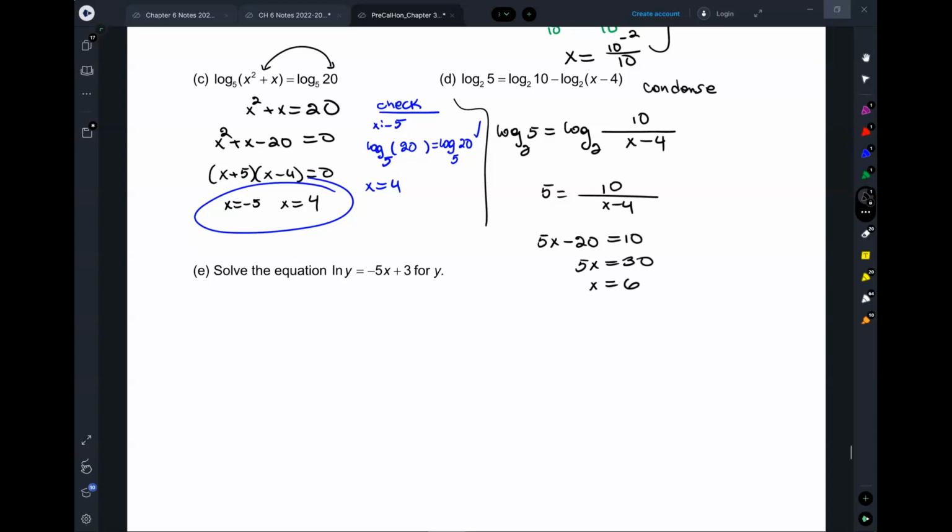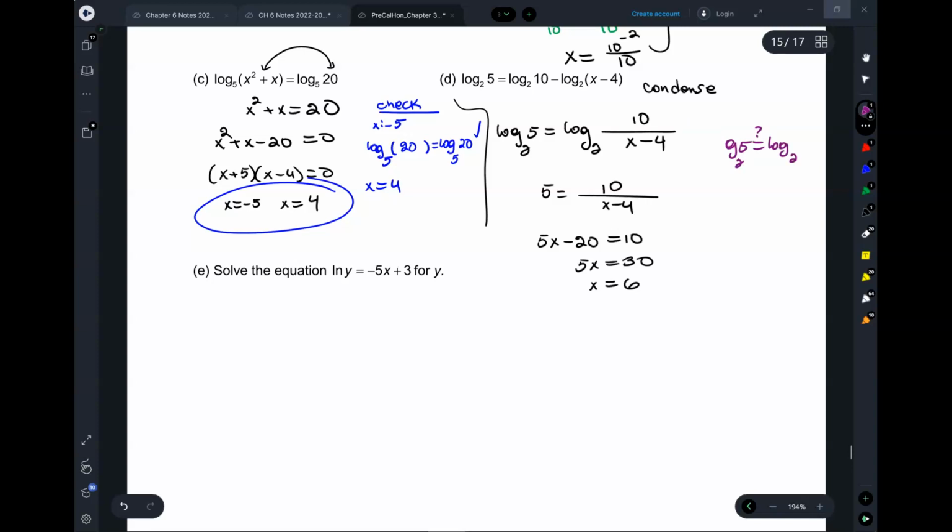So let's go here. This is log base 2 of 10 minus log base 2 of 2, which is what? You can divide those, right? Log base 2 of 5. Okay, so if you plug it in here, what do you get? Log base 2 of 5 equal to log, oh no, sorry.